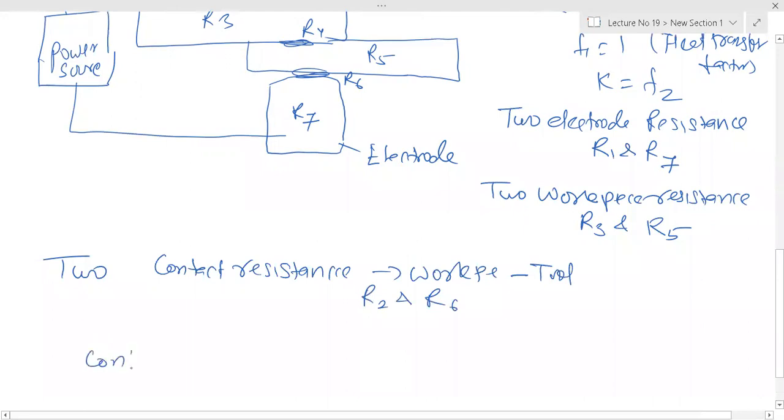That is also contact resistance, between workpiece and workpiece, which we call the faying surface.